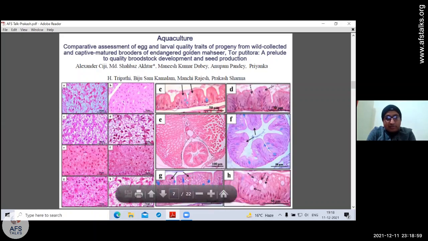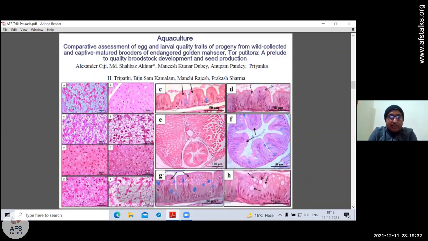And then down below, I'm showing in photomicrograph G in the right panel of the image, the supranuclear vesicles are more in number, in density, as well as in size. Similarly, the lipid absorption was also more in the larvae from the wild parents compared to the captive parents.